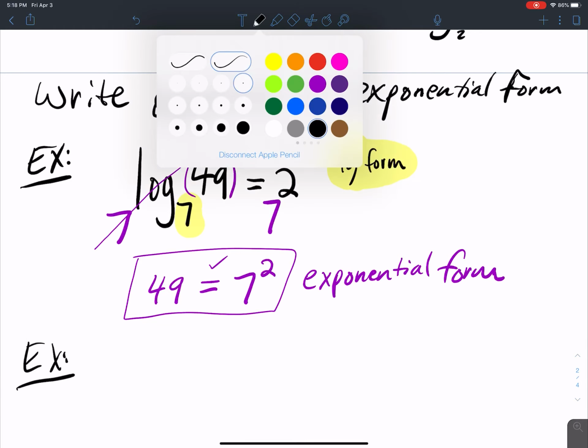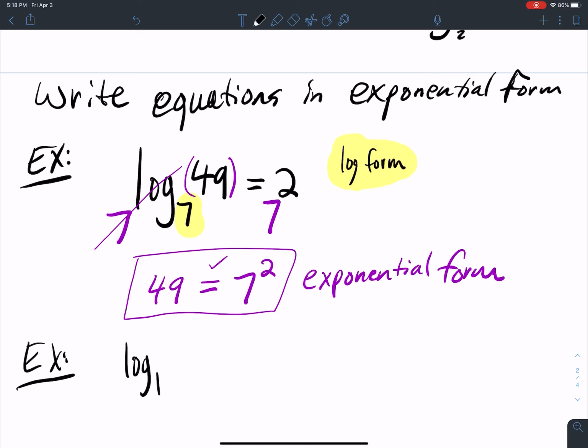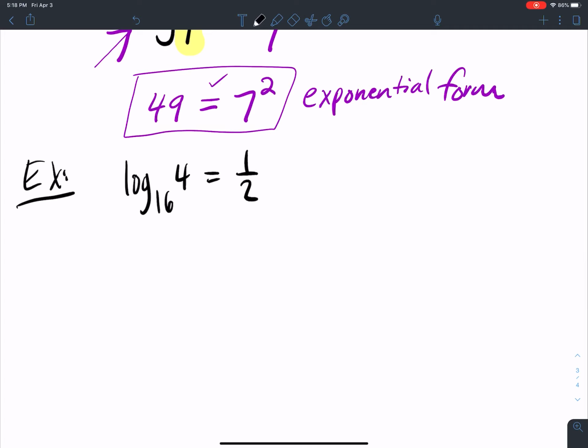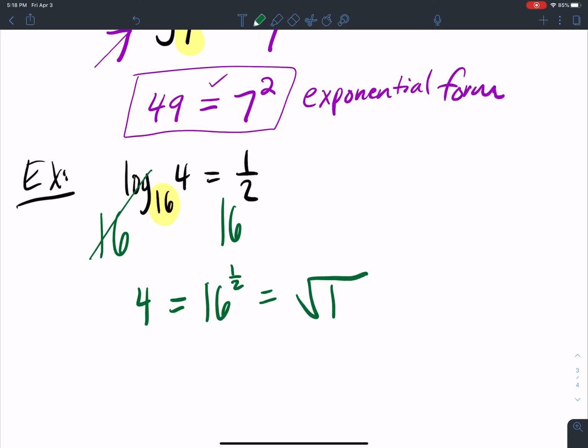Log base 16 of 4 equals 1/2. How does this work? Well, look here, I see my base is 16. The opposite of a log is an exponent or exponential, so I'm going to raise 16 to both sides, and they cancel. I get 4 equals 16 to the 1/2. Now, if you remember, with an exponent that is a rational number, we can use the rider and the horsey trick. If you've forgotten, this is the square root of 16.